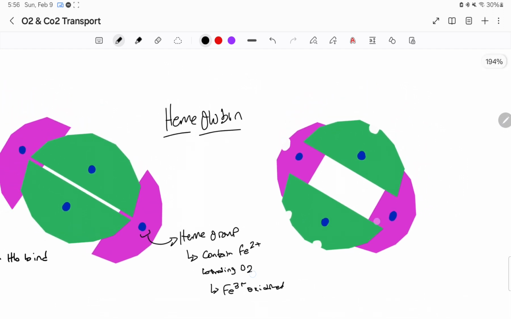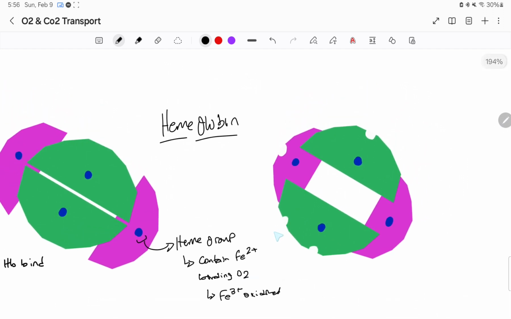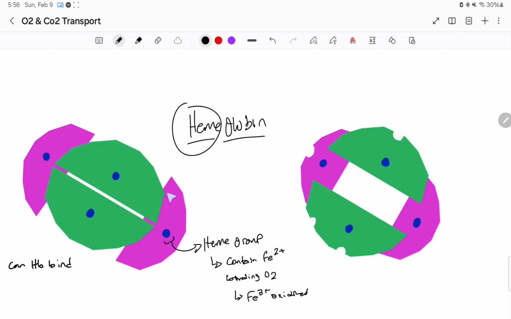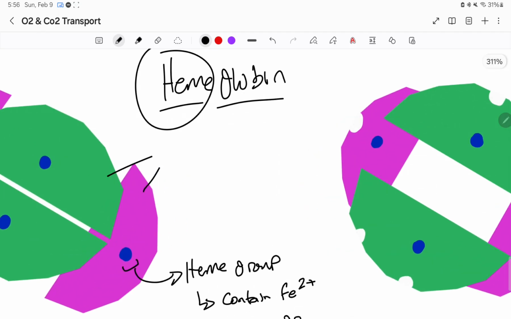Now, what else? So that's where the heme is. What about the globin? Well, you guys know that hemoglobin has 4 globin polypeptide chains, 2 alphas and 2 betas. So in green and in pink here, we're going to have the globin polypeptide chains.